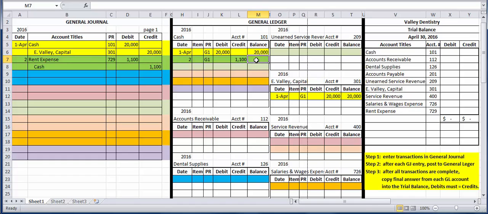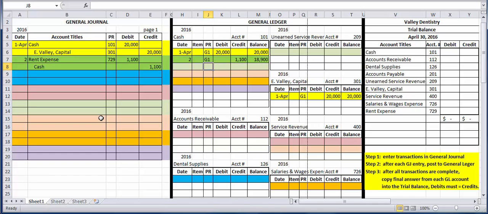So we're going to subtract these two from each other, 20,000 minus the 1,100, and our new balance in cash is 18,900. So just because I credited cash doesn't mean it has a credit balance. It still has a normal debit balance. If any of these balances in any of these accounts ever appear negative, you've made a mistake.